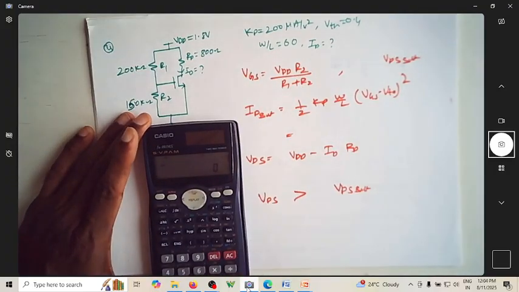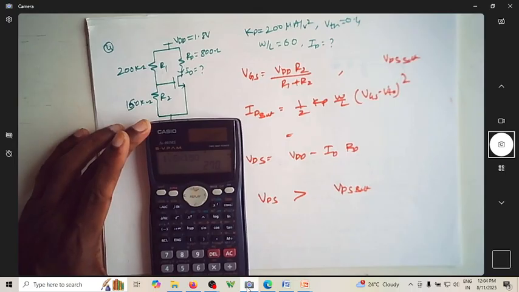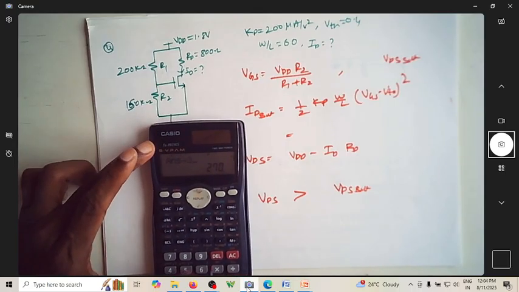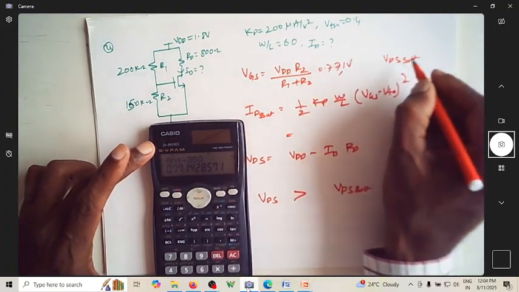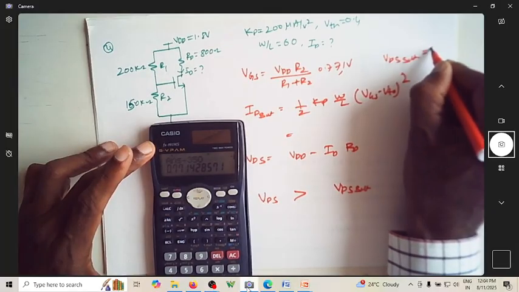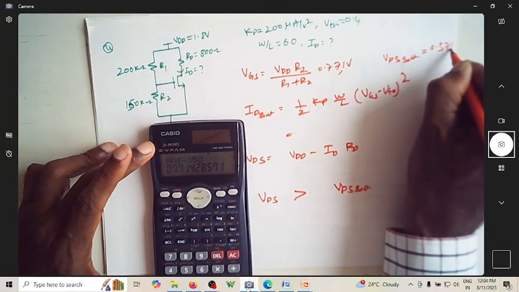So this is 1.8 into 150 divided by 350. So it is 0.771 volt. So this comes out to be 0.371 volt.